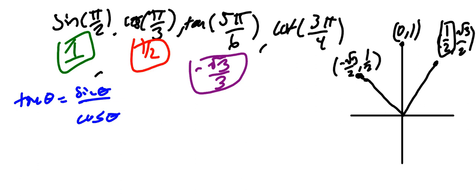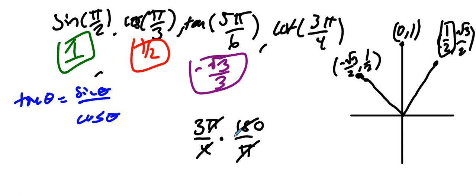So 3 pi over 4 times 180 over pi. The pi's are going to cancel. 180 divided by 4 is 36. No, I'm just kidding.